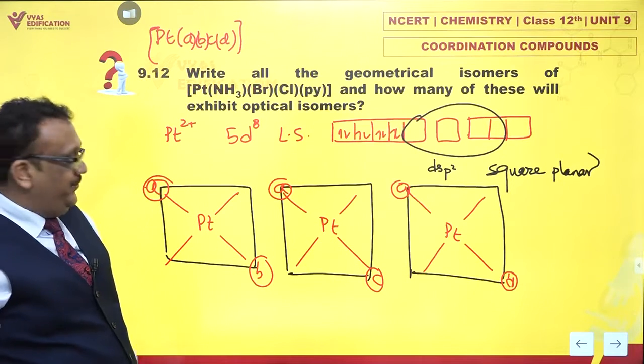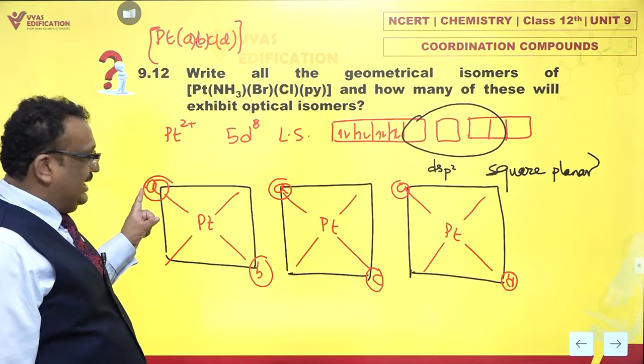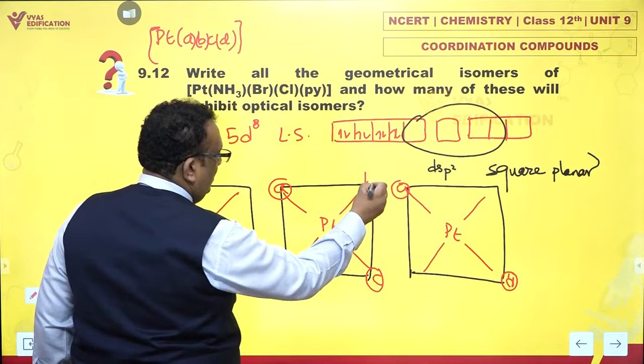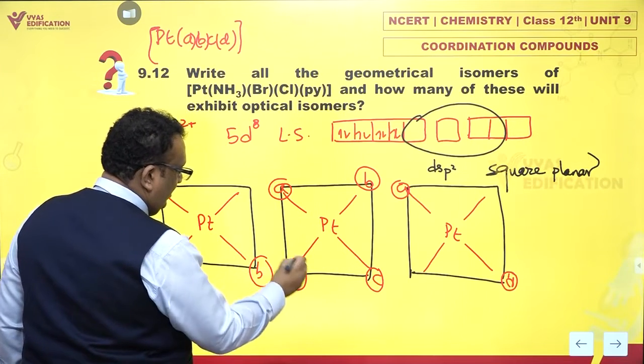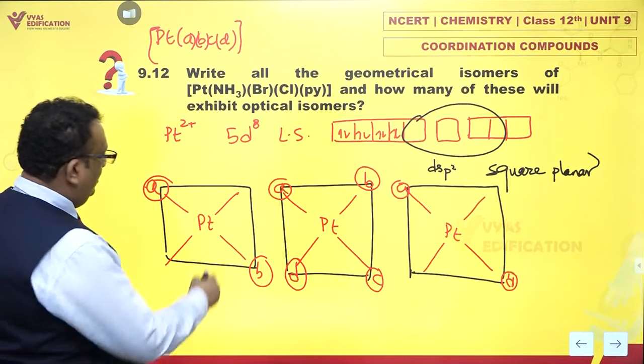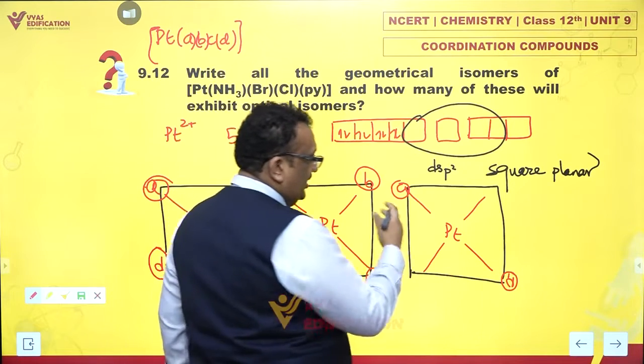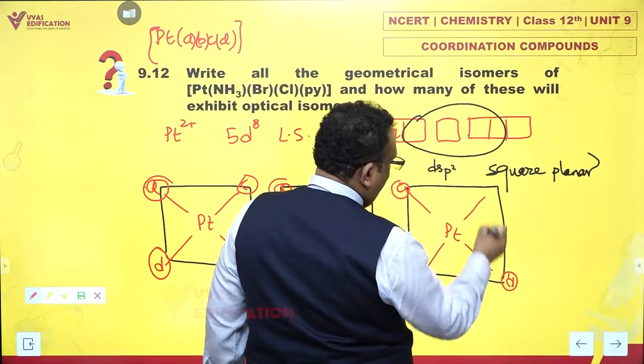Similarly, if I find B, trans to B is A. If it is AC, the remaining portion would be BD. I just dump BD here, I just dump CD here in any order, and I just dump AD to BC here.